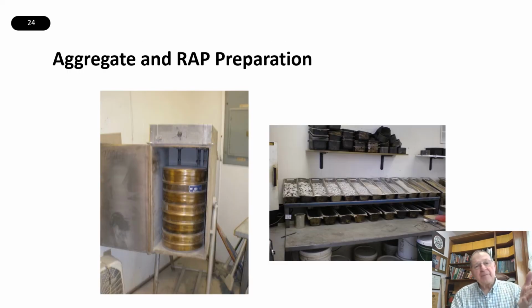So our next step is to prepare the aggregates. Now that we've put together blends in the computer, we're actually going to prepare specimens. We get our aggregates together, and the first thing that we need to do is sieve our stockpile of aggregates down to different sizes so that we can separate each stockpile into a number of different sizes. Then when we batch our specimens, we will batch them according to these different sieve sizes.